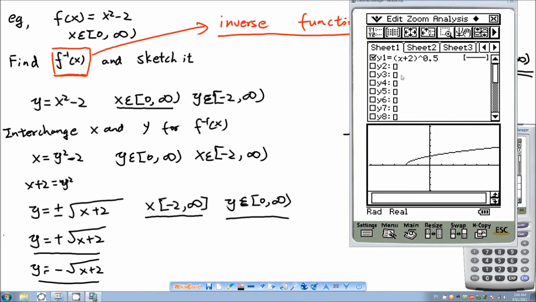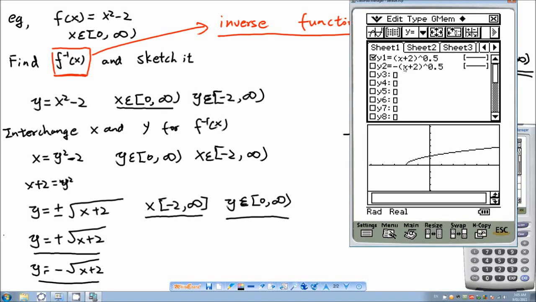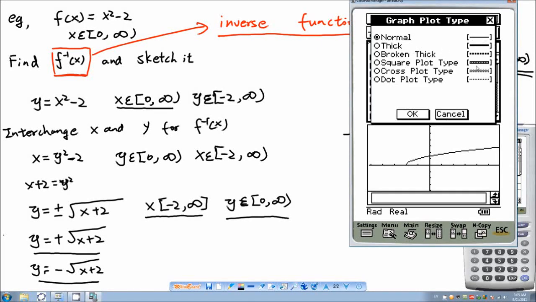If I have x plus 2, let's say I draw this one in the dotted line.